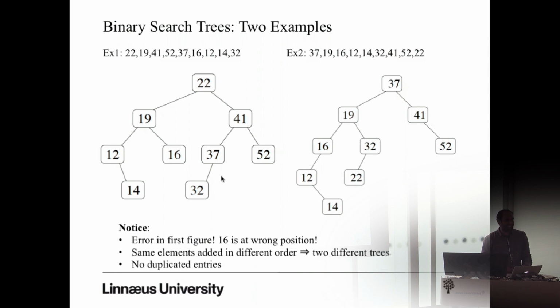Now you have already seen it, and I also have seen it, so the fun is already gone. The problem is that this is not in the right position, because 16 is less than it, so it should be over here. And also, we don't allow duplicate entries.